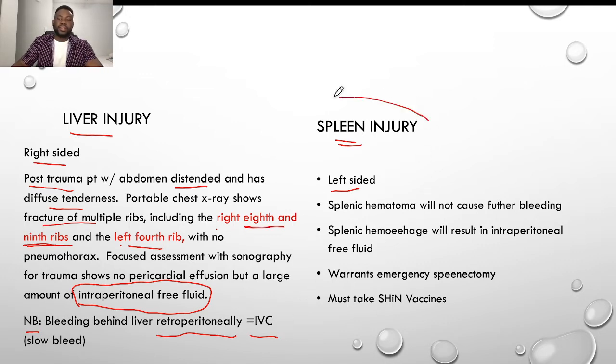The way they love to test splenic injury is that a patient was involved in an accident or trauma, and then they presented with abdominal bleeding, and so they did a surgery. Which vaccines should we give to the person?